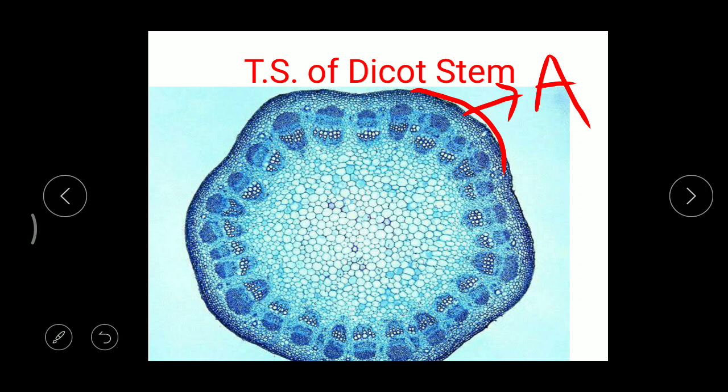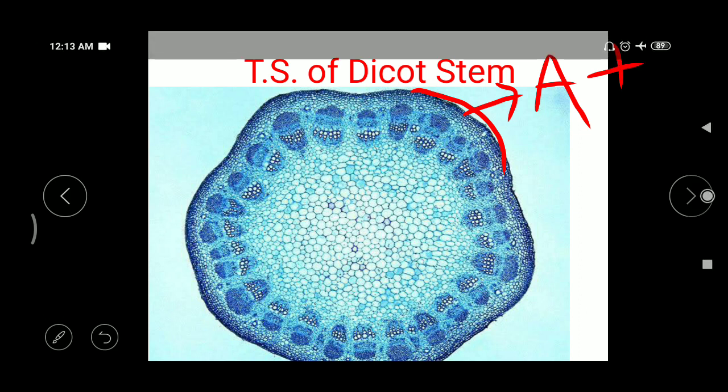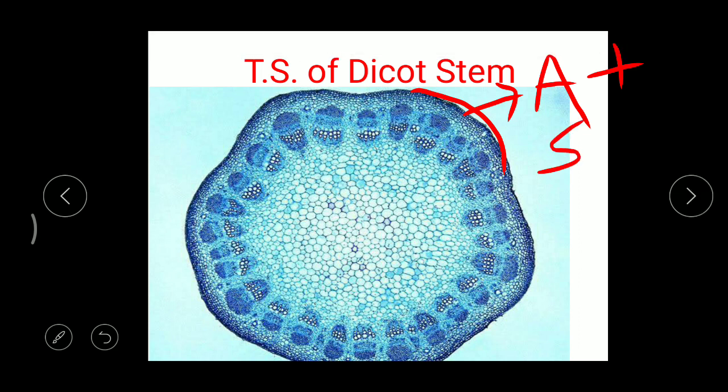So group A cells are responsible for giving shape and protection. Clear?